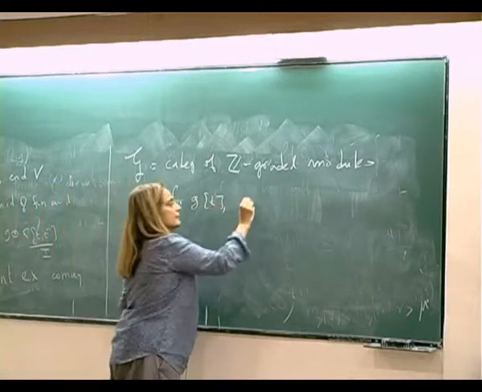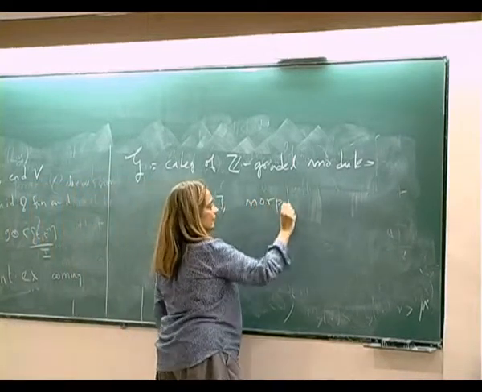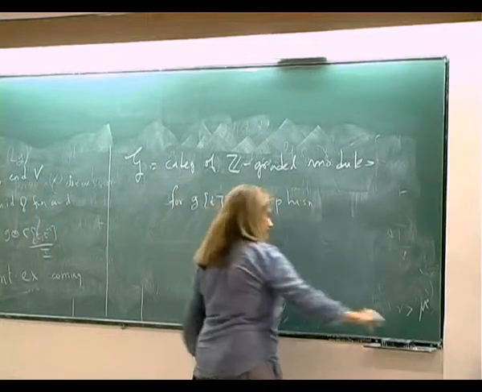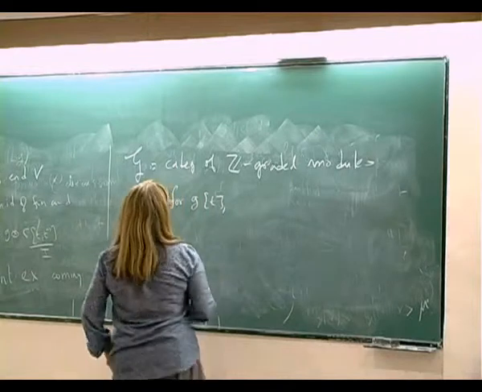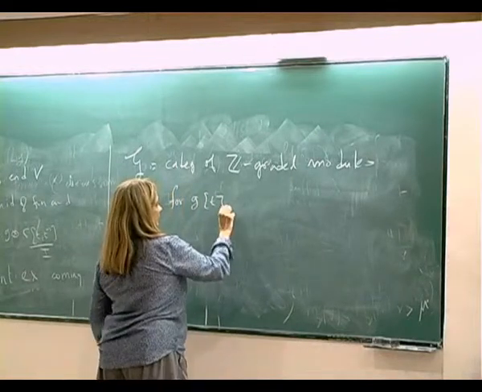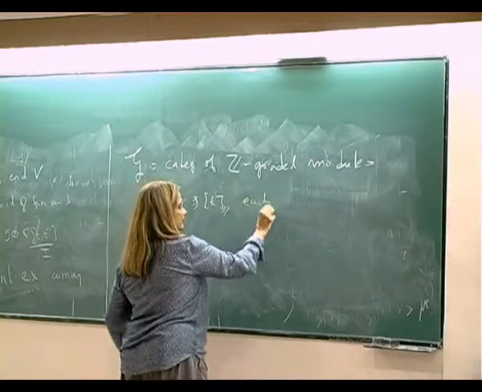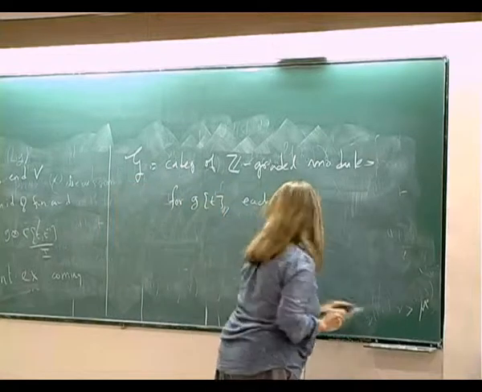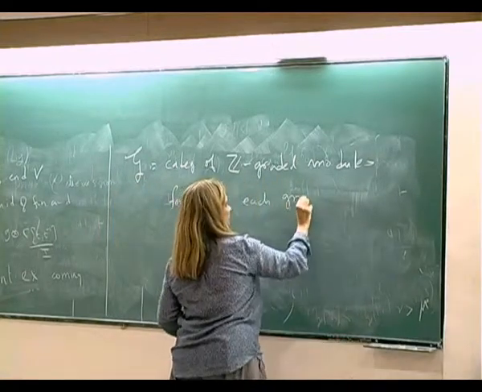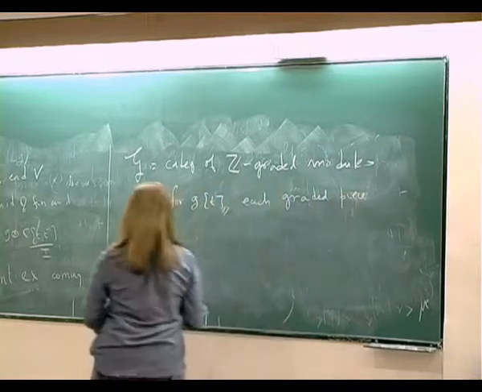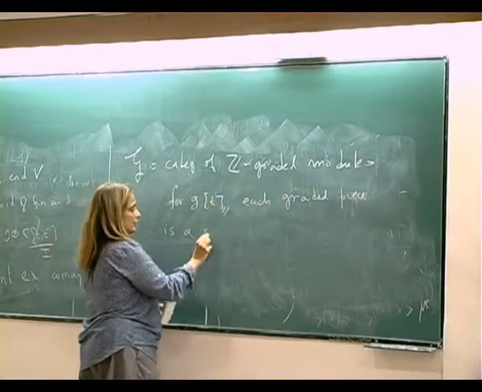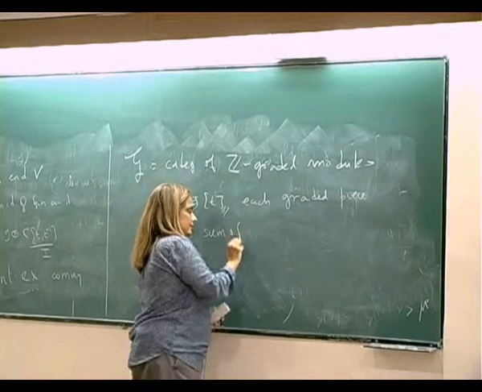And the morphisms in this category, so each graded piece is a sum of finite dimensional G modules. We're making this a restriction.